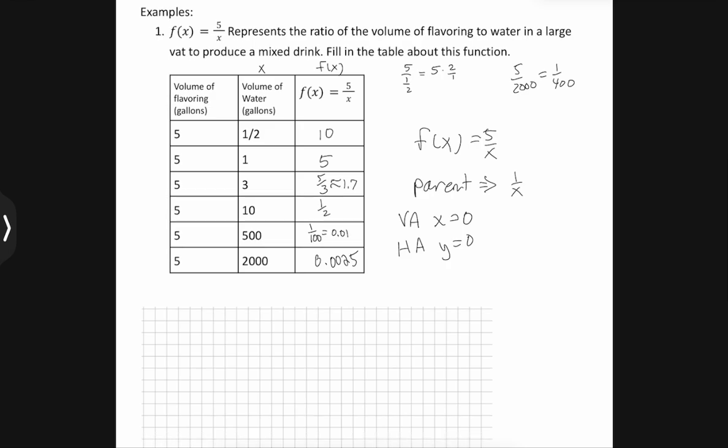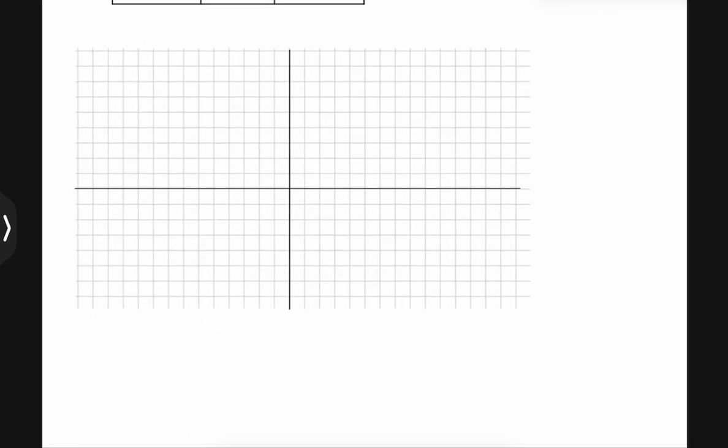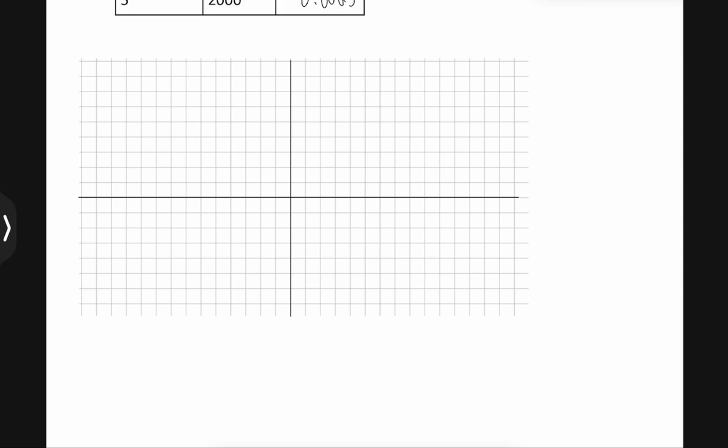Now, when I graph a rational function, so I'm going to make my graph paper a little clear here. If you want to add in your x and y axis for me. The first thing I always try to add to any graph paper related to a rational function is the asymptotes.